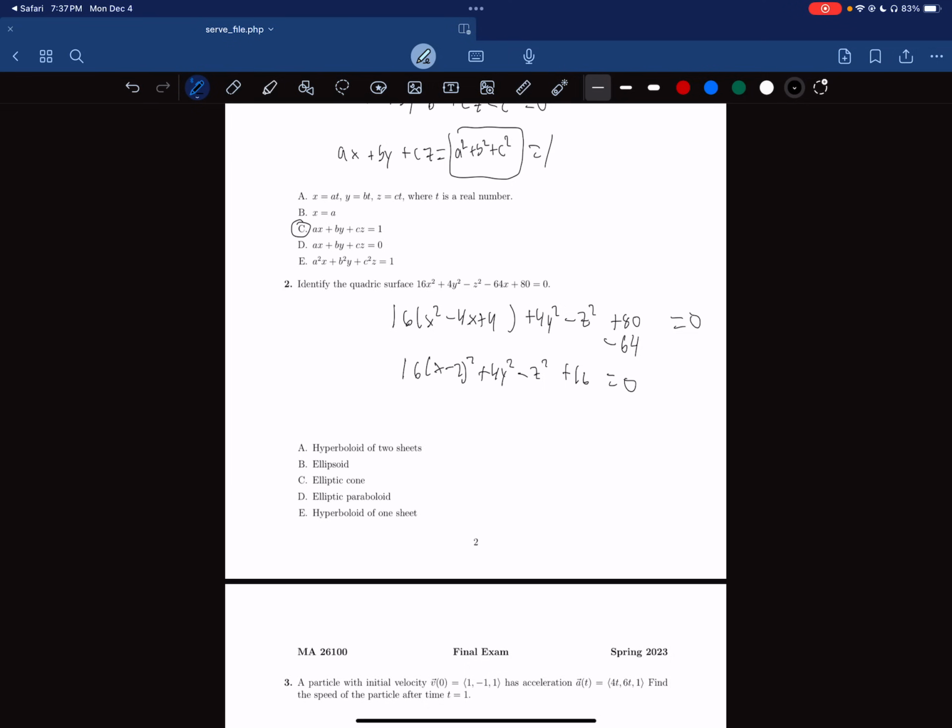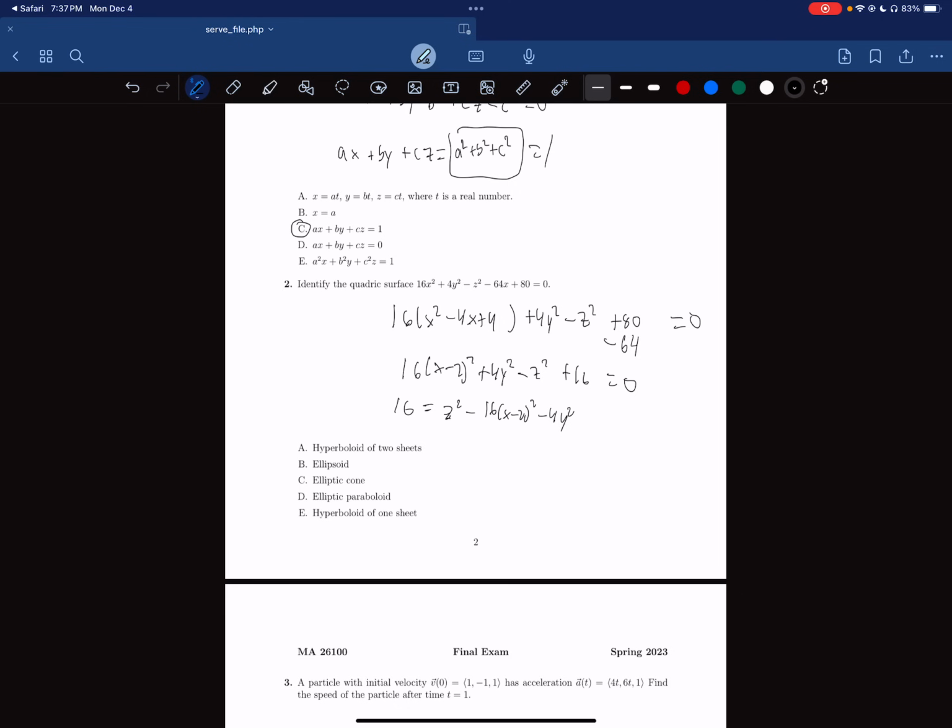And I think it's going to make sense if we add together all the variables on the right side. So we're going to get 16 equals z squared, minus 16 times x minus 2 squared, minus 4y squared.